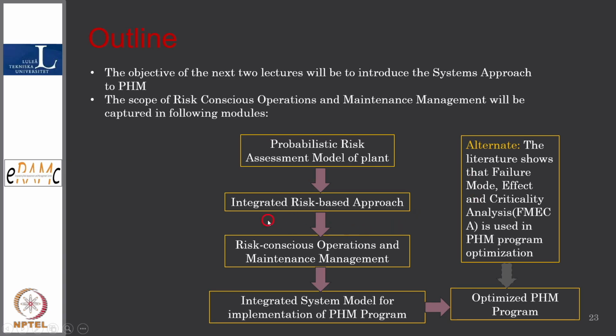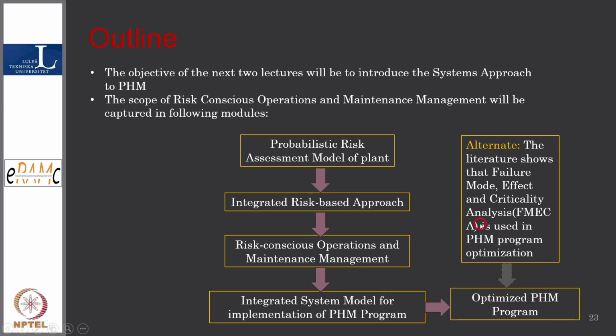And then the alternate way is there to the systems approach. Even in PHM, in some publications I have seen that they use failure mode effect and criticality analysis. But FMECA does not give interdependency or common cause failure. They have the components listed, and they identify the failure mode and failure mechanism, and based on that they optimize the PHM program.